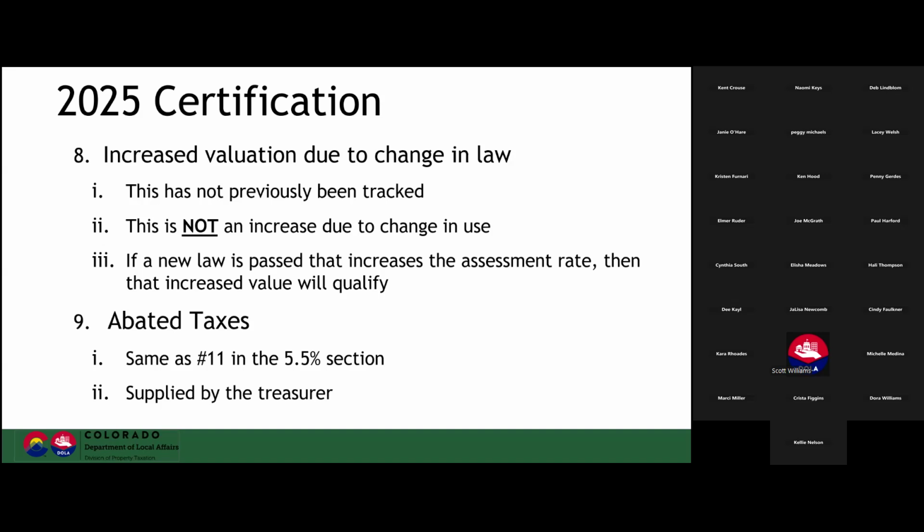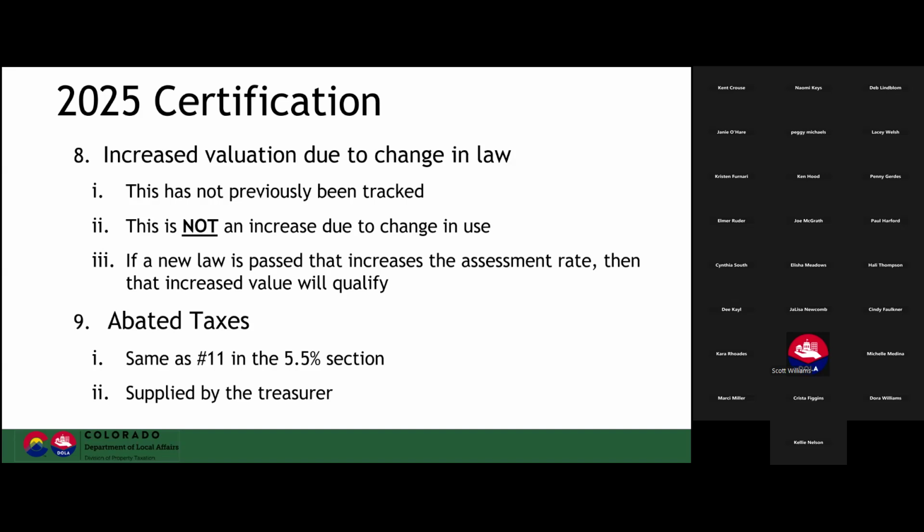Right now, we didn't have a change in law that increased any assessment rates. Our assessment rates were established before this session, and we don't have a new law that has changed the assessment rate. So we don't have any increase in assessment rates due to change in law.